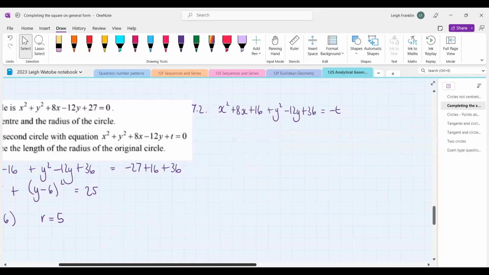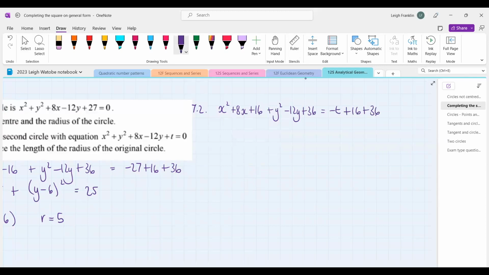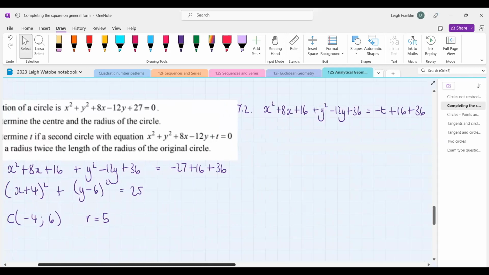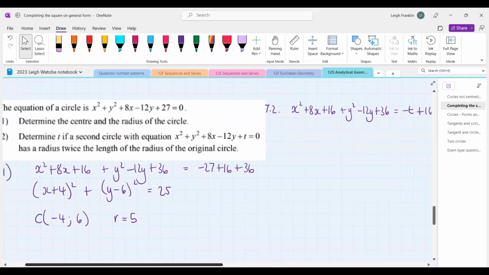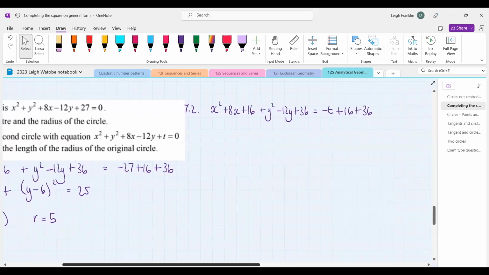Equals negative t, and then here you want to add in 16 and 36 as well. Yes, ma'am. And then you're going to say negative t plus 16 plus 36 equals double 5, which is 10, ma'am, unless I'm wrong. You are on the right track.